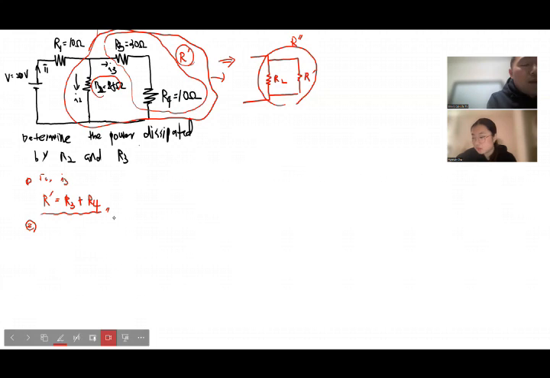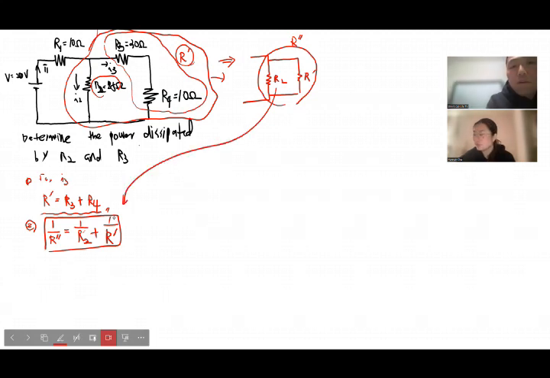So you can think of the total effective resistance of these two resistors as R double prime. Based on the resistor rule, the effective resistance in parallel has this relation: 1 over R double prime is the same as 1 over R2 plus 1 over R prime, because these two resistors are connected in parallel.